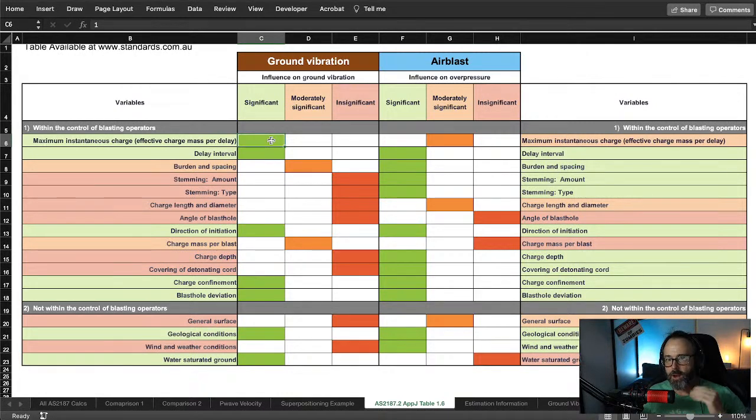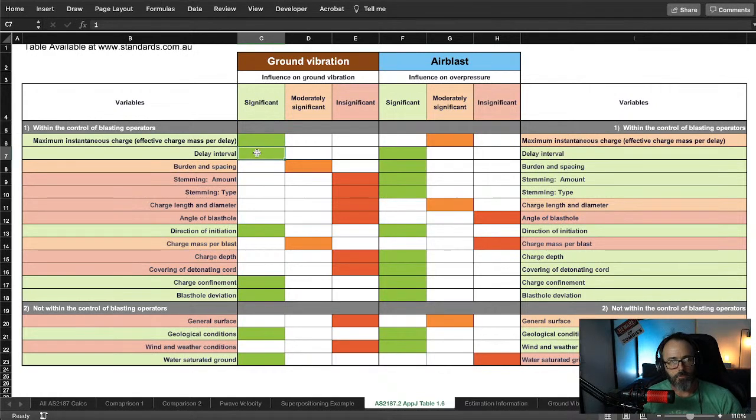And later on, as you progress and find your feet in vibration control, you can see that it might change from 8 to 6 milliseconds, or you might go to electronic timing and you will have a true single hole fire, and so you only look at the maximum hole influencing.